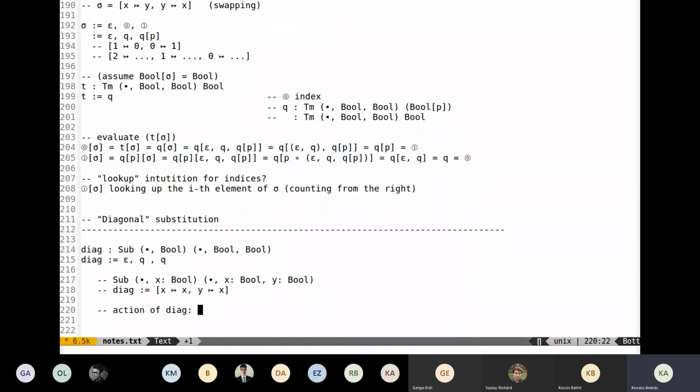When we use diag on terms or types, what happens is that if we have some term or type which can possibly depend on two different variables, then two different variables become the same. So two different variables become the same after substitution.